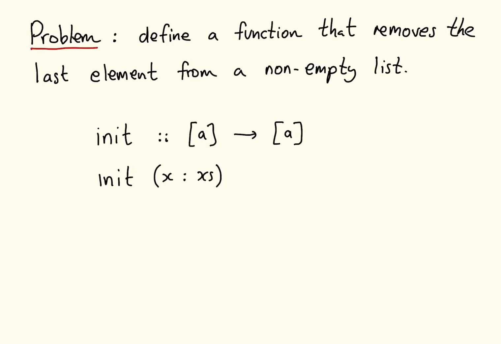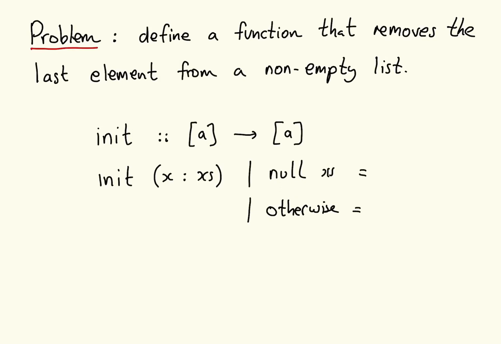So now we can think about what actually are the simple cases. And actually this time around, defining the simple cases is the key step to making this function work. So let me write down what the simple case actually is, and then we'll have a comment about it. I'm going to have two guards here. I'm going to say otherwise down here, and I'm going to say null xs up here.